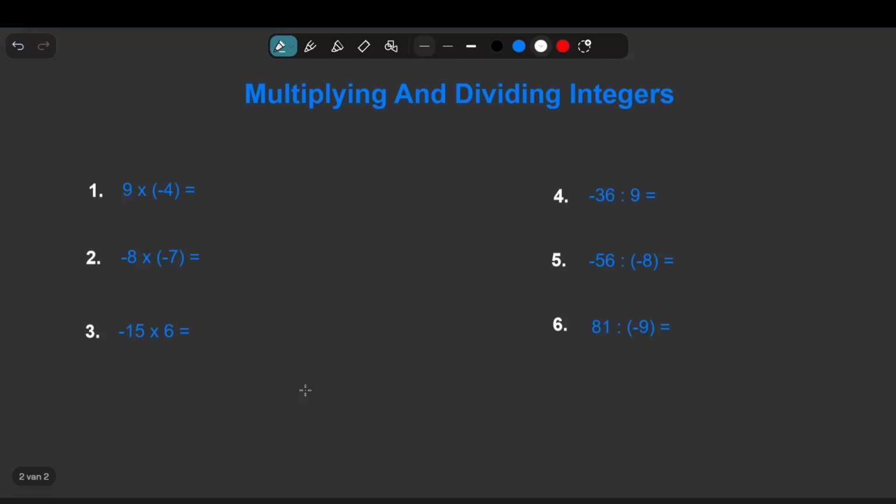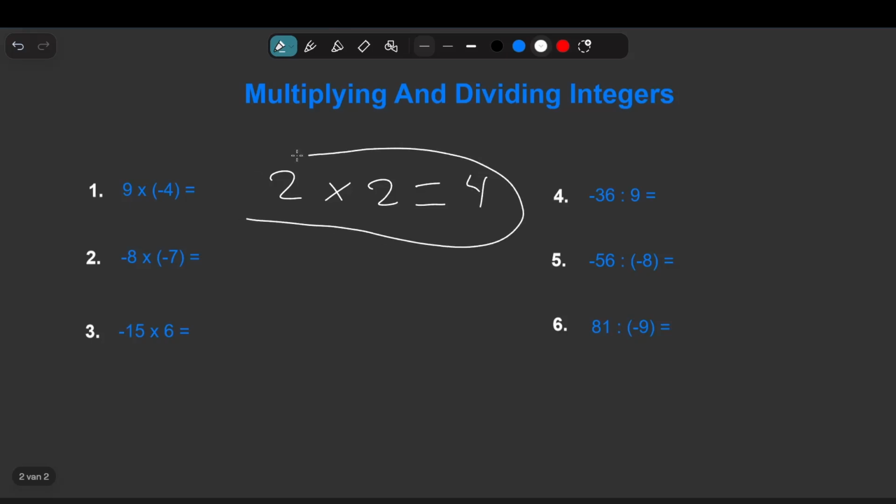So, the rule. Before we solve any problems, let's learn the rule. There are only two cases you need to remember. If both numbers have the same sign, your answer will always be positive. So a positive times a positive equals positive, as you can see.